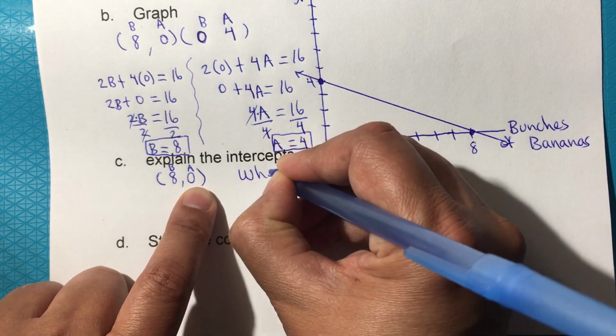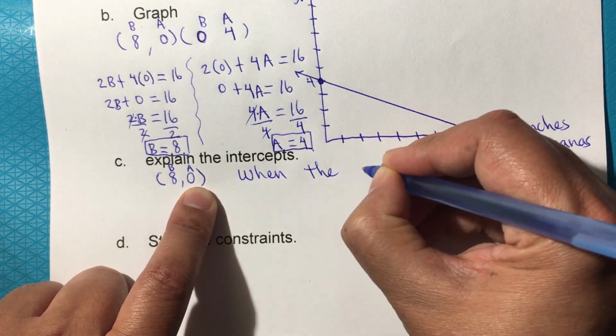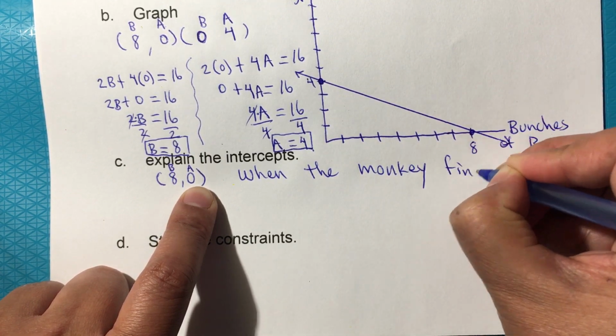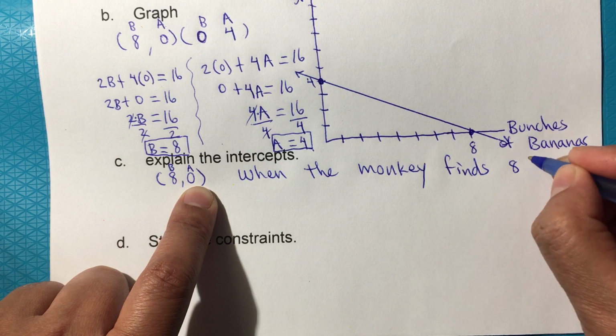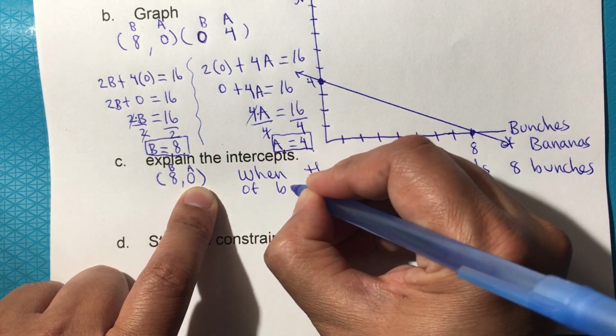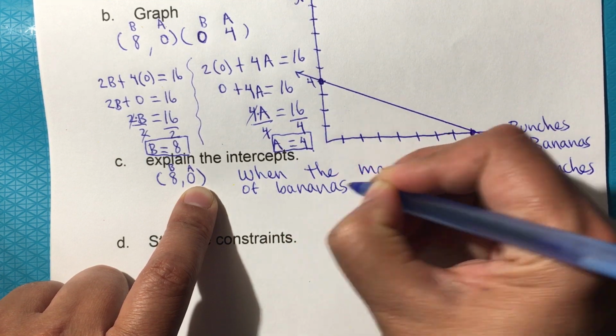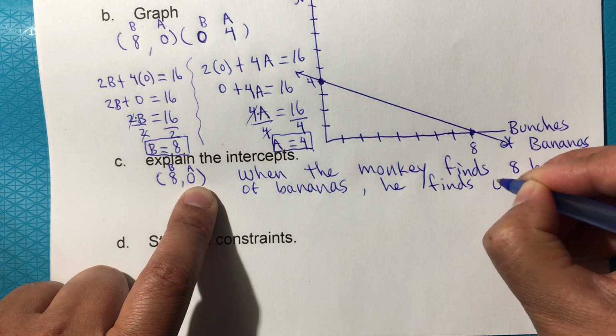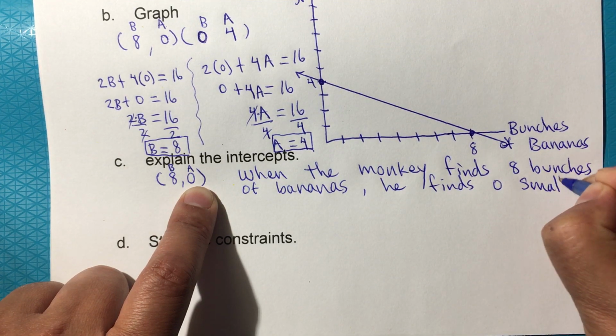Okay, when the monkey finds 8 bunches of bananas, he finds 0 small animals.